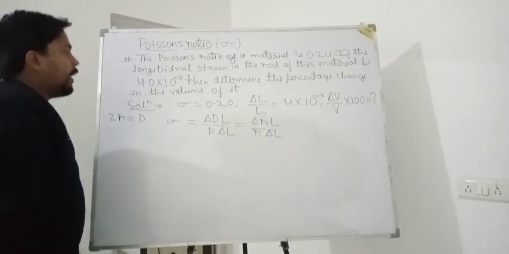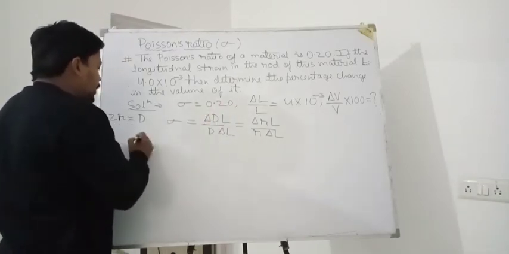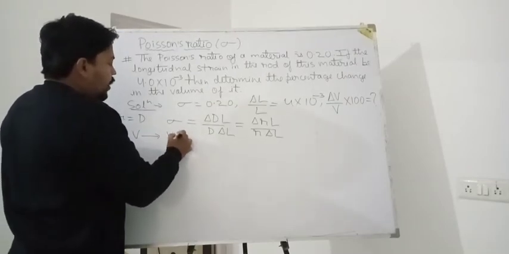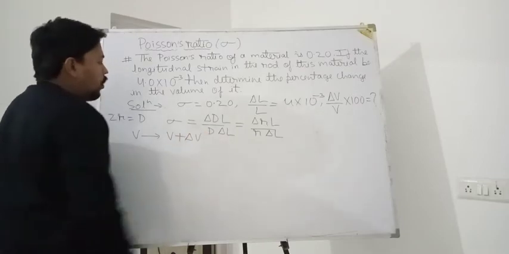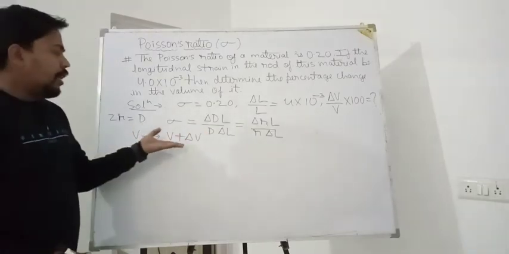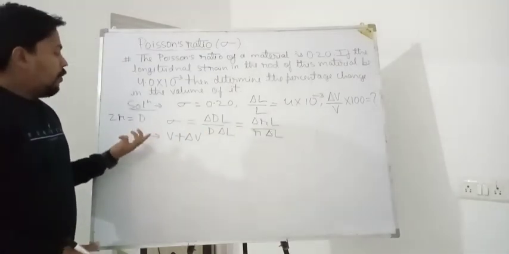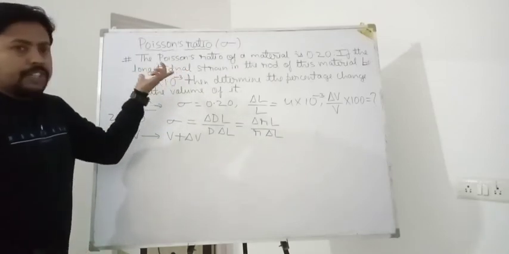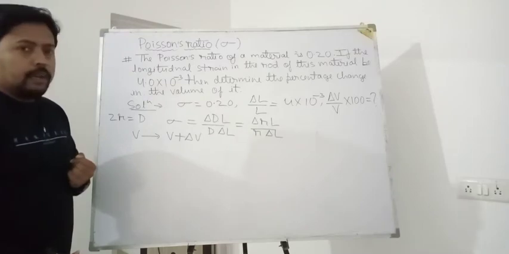In that case, suppose that V is the initial volume, so the volume is changing from V to delta V. I suppose that this is the change in the volume when the wire is in strain. In that case, we can conclude this.